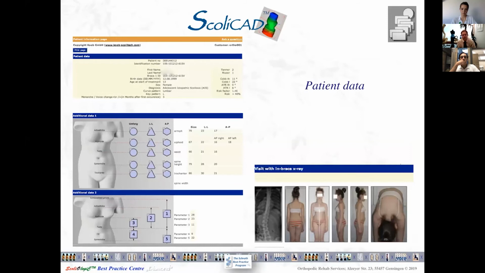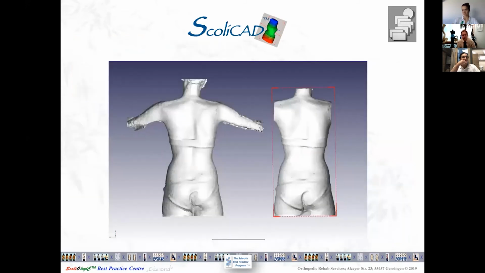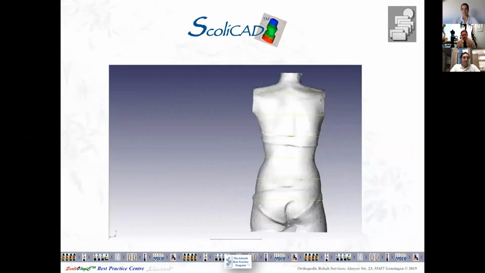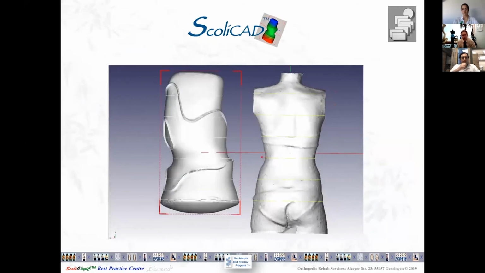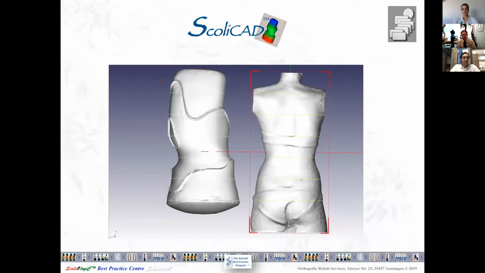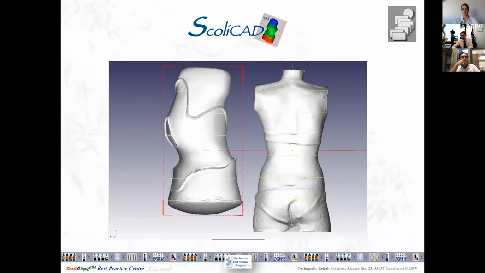So how does it happen? First, we collect data along with the X-ray and put it into the system. Then we scan the patient, crop the scan, scale it, and take the model from the library and initialize it with the scan. Then we make modifications with a certain algorithm, depending on the curve pattern, the degrees and flexibility.